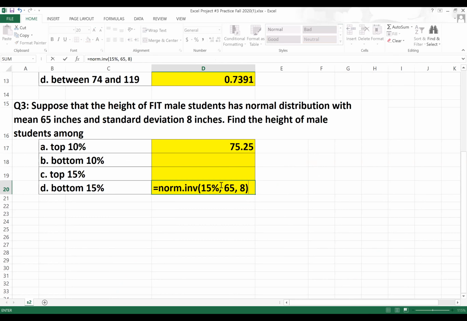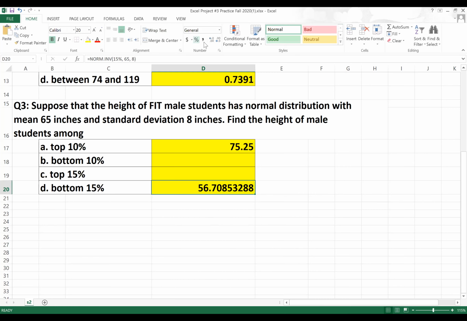Excel, tables, or any other software by default, when the programmer coded the program, always use the area to the left. That's why Excel follows the same convention as the table, and most software follows the same logic. So put in 15%, the mean, and the standard deviation, good to go.